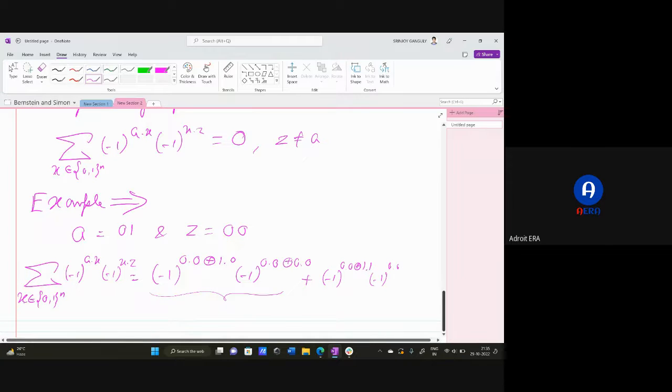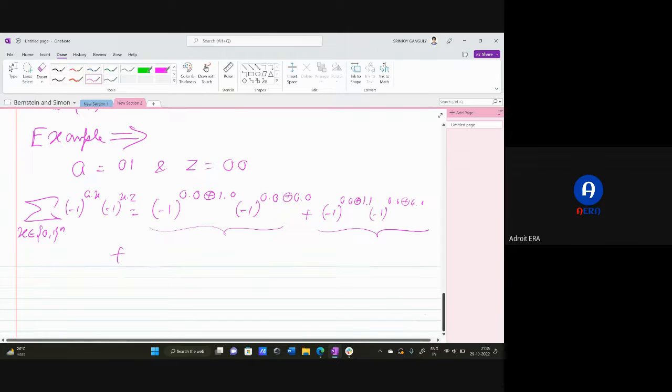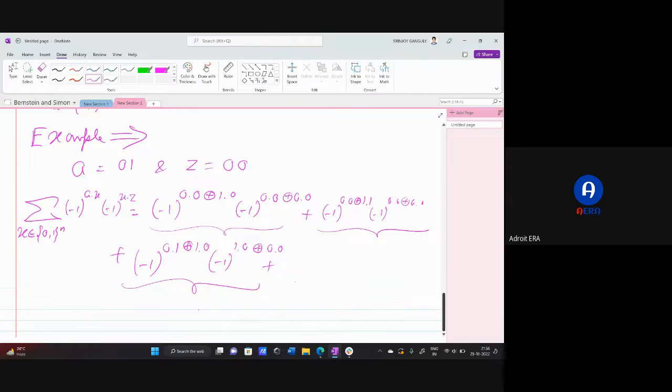XORed with 0 dot 0, and this is the second term and so on. Now we will have plus, this is the third term: minus 1 0 dot 1 XORed with 1 dot 0, and again x's value you are taking 1 dot 0 XORed with 0 dot 0, and finally, two qubits, four terms, so four sums.